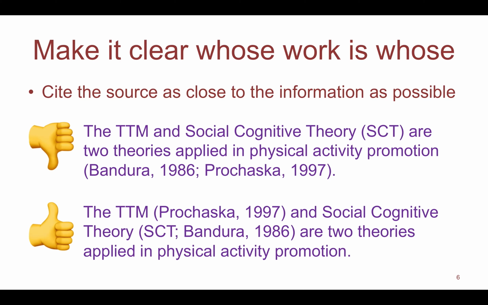So in this case, we're talking about the TTM, Trans-Theoretical Model, and Social Cognitive Theory, SCT, are 2 theories applied in physical activity promotion, and then cite both the authors. Problem with that is that Prochaska is actually credited with the TTM, and Bandura is credited with SCT, and it's unclear the way this first sentence is organized.